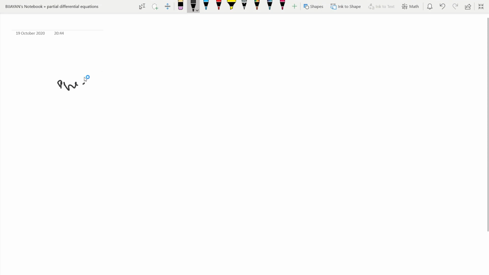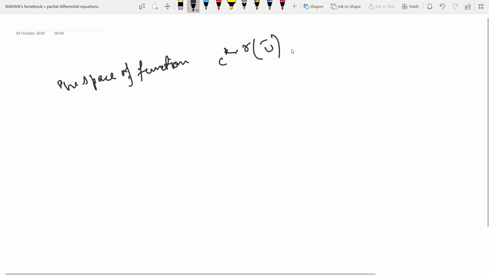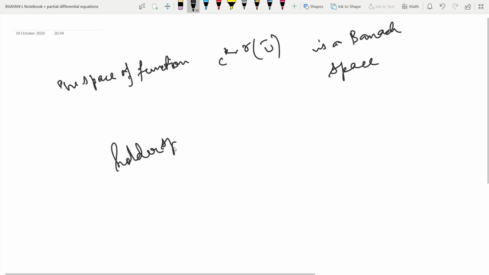The space of functions C^{k,gamma}(U bar), the Holder space, is a Banach space. Probably you should know what a Banach space is.